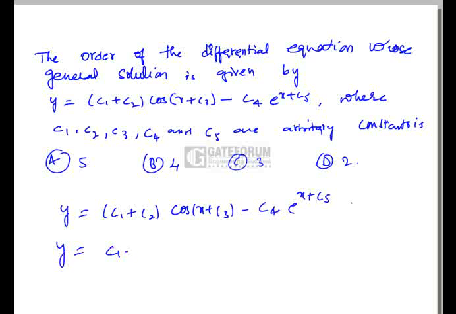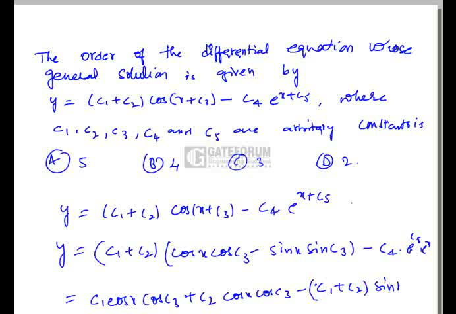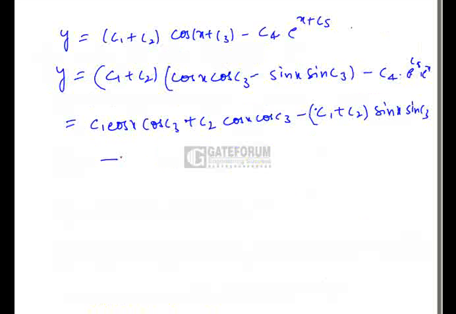So it will be c1 plus c2 into, if I write this, cos x cos c3 minus sin x sin c3, minus c4 into e power c5 into e power x, which can be written as c1 cos x cos c3 plus c2 cos x cos c3 minus c1 plus c2 into sin x sin c3 minus c4 into e power c5 into e power x.